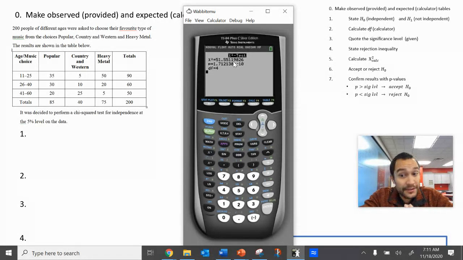Notice our 8 steps here. Step 5 is calculate the chi-squared calc. That's done for me. The p-value, it gives it to me. Step 7 is confirm results with p-value, so I'm almost done with step 7. And it gives me DF of 4, which is step 2.